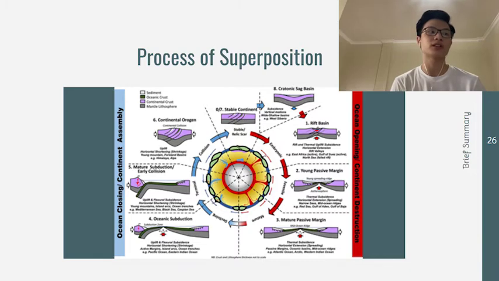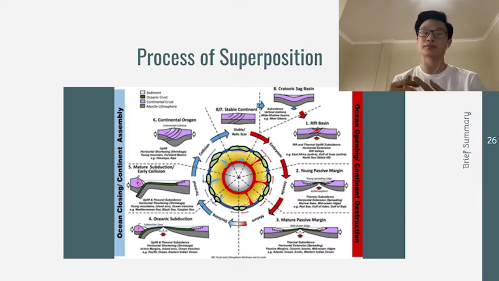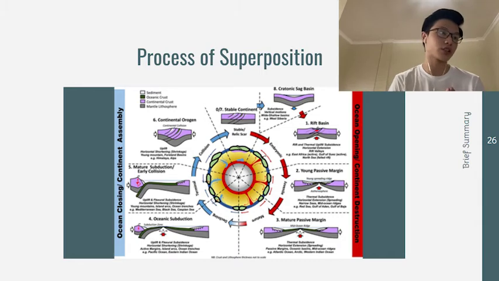The fifth one is early collision or mature subduction. The sixth one is continental orogeny, and the last part is a stable continent. On the other side, for the ocean closing, the last part is the cratonic sag basin.